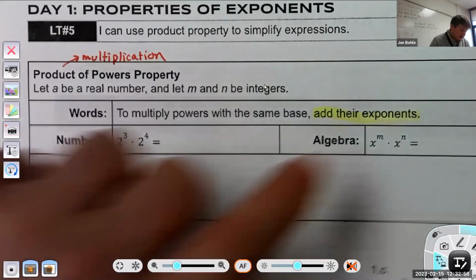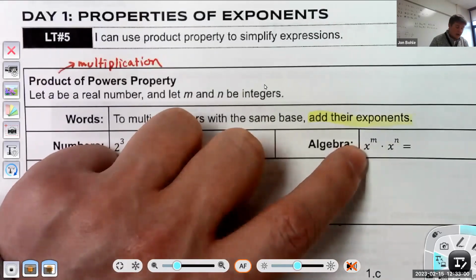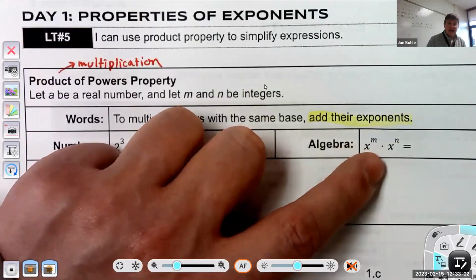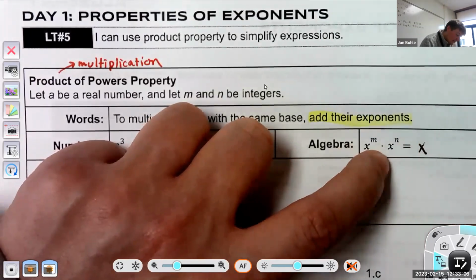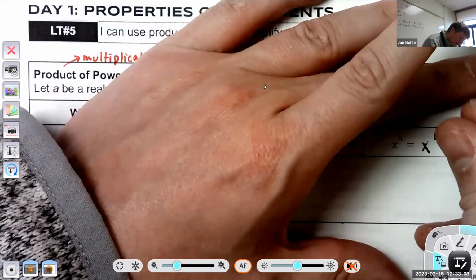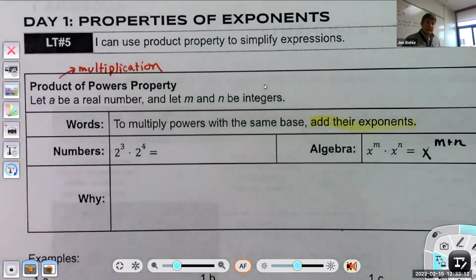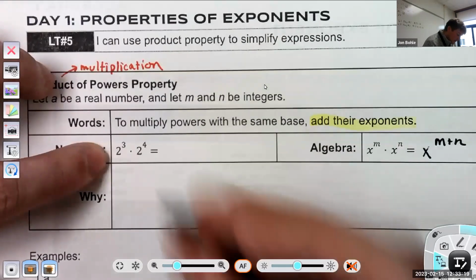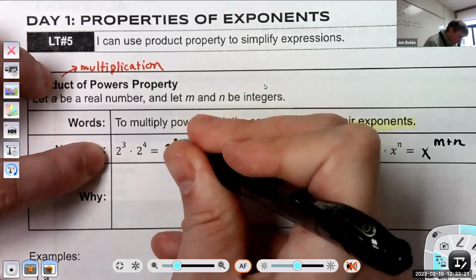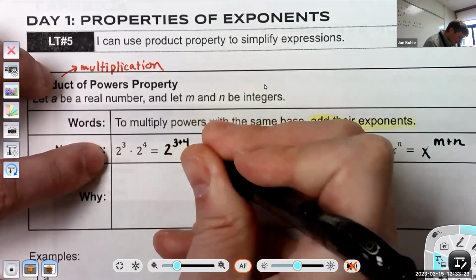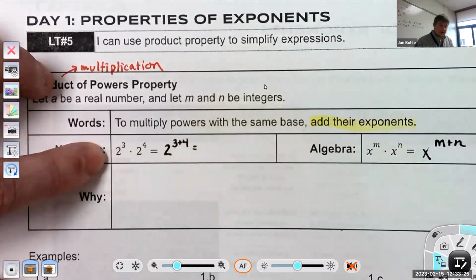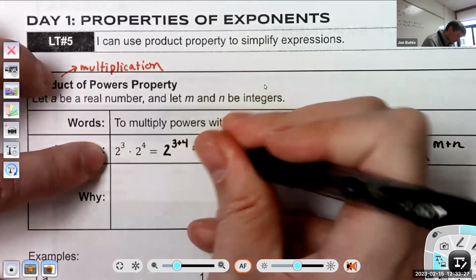Algebraically speaking, if I have x to the m power times x to the n power, all I'm going to do is keep the base the same, and add those exponents together. Okay, so if I have 2 to the 3rd times 2 to the 4th, this is going to be 2 to the 3 plus 4 power. And 3 plus 4 is 7. So this would be 2 to the 7.